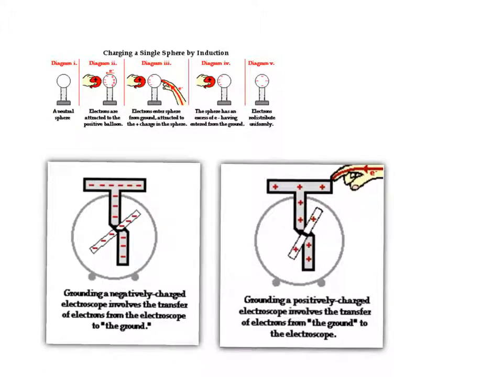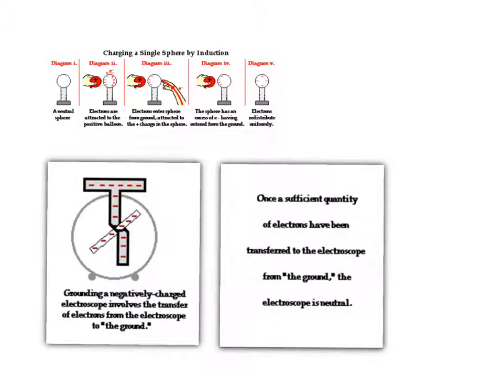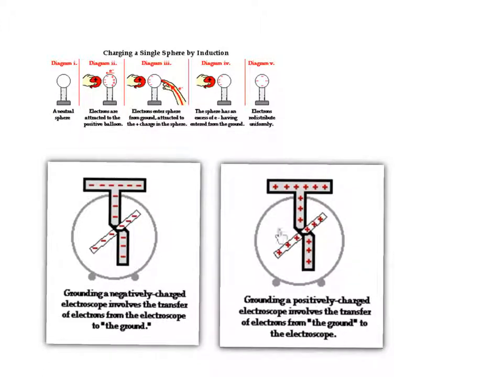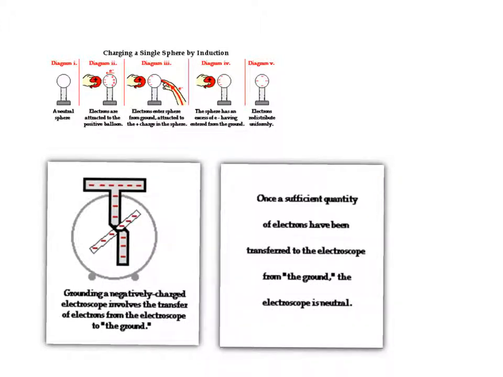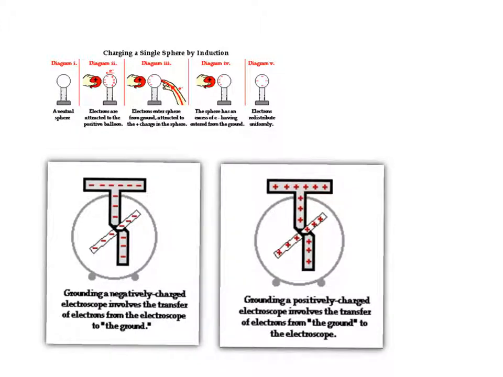A positively charged object can also be grounded. Take a look at this. This object has a net positive charge. If I touch it with my finger, electrons come from my hand into the object. Electrons travel through me into the object to balance out charges. So both ways, grounding can neutralize the charge of an object.